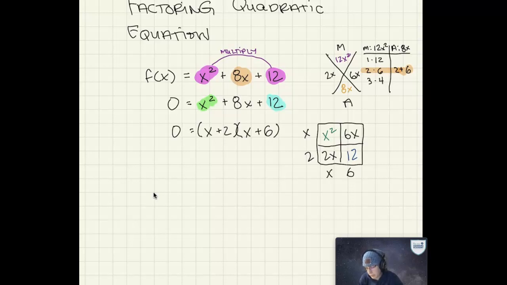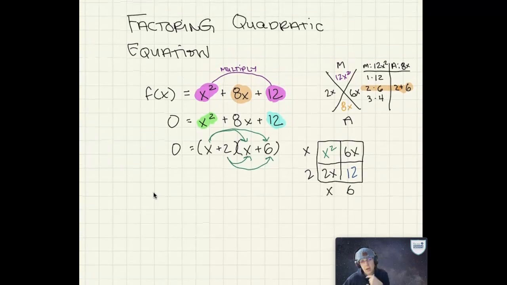But remember, if you FOILed it out, I'll draw the lines, even though we're not going to do the math, so you multiplied x times x and x times 6, and your 2 times x, and your 2 times 6, you would end up with your original equation. So there's some factoring. Let me know if you have any questions.